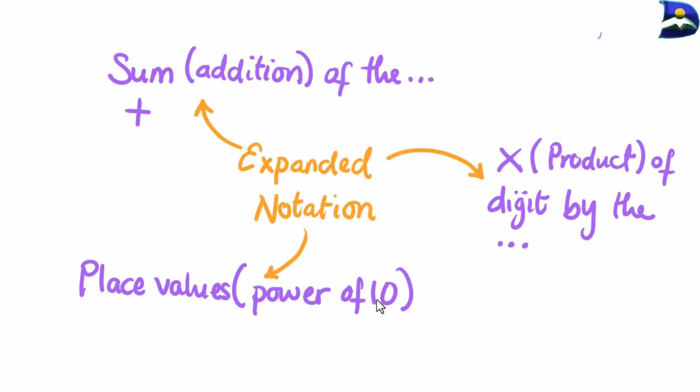Or you can go from what? A multiples of 10, and these multiples of 10 are usually in terms of how many tens are you multiplying by itself. And that leads us to the final step, which is transforming it to powers of 10.